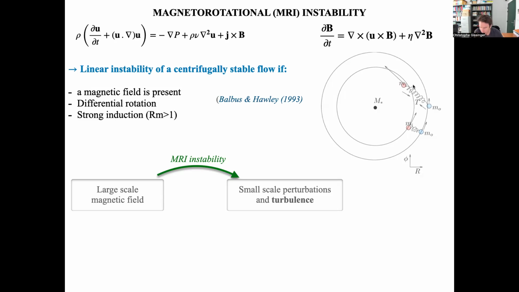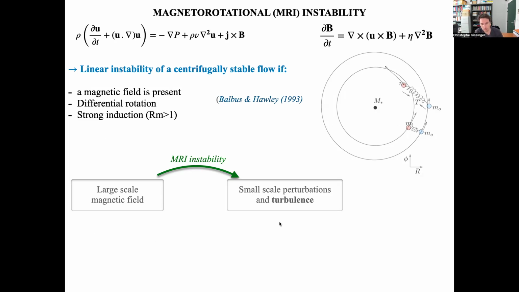If there is this spring force, then 2 fluid particles can exchange angular momentum as they rotate on different orbits, and this can make the flow unstable. So it's a very powerful linear instability. And interestingly, in the nonlinear stage it can easily give rise to well-developed turbulent flow.